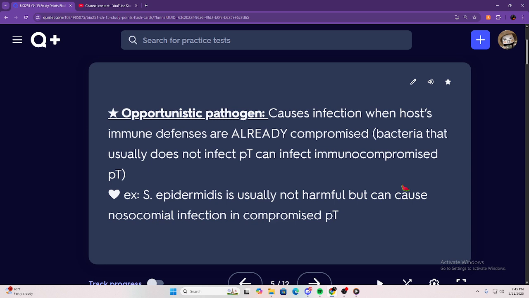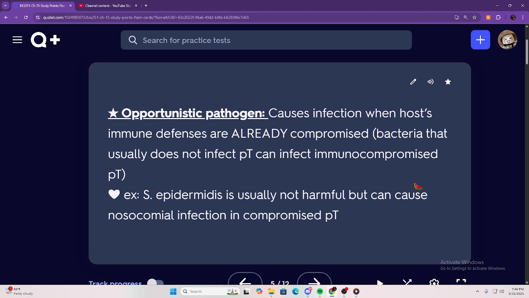An opportunistic pathogen sees that as compromised and thinks, this is a good time to infect this patient. Basically it's a bacteria that usually does not infect a patient, but can infect an immunocompromised patient. And if the patient is already immunocompromised, meaning they have a weaker immune system, then they're also more susceptible to these opportunistic pathogens.